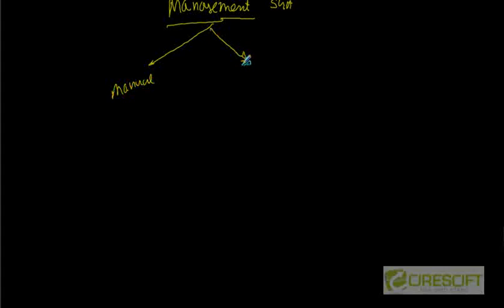So how do I manage SGA? Again, as I told you, the SGA can be managed in two ways, either manually or automatically. In manual mode, I have to set a bunch of parameters. For example, if I want to set my shared pool, there's an init.ora parameter called shared_pool_size.